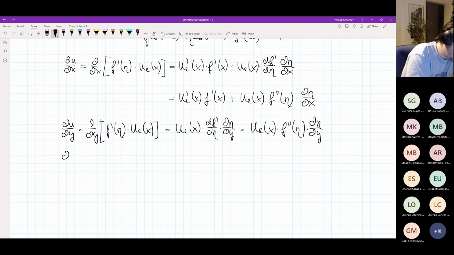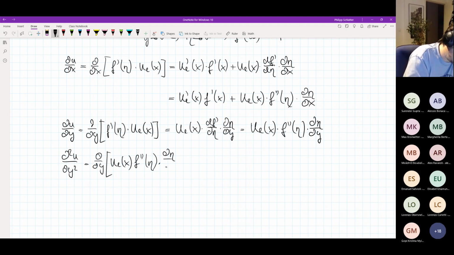Then the only other term that is left is d squared u dy squared, which is just one more derivative of the term that I just calculated. D dy of what I have written here, ue of x times f double prime of eta times d eta dy.